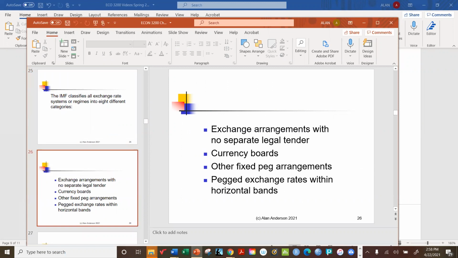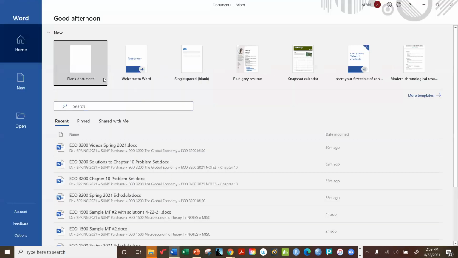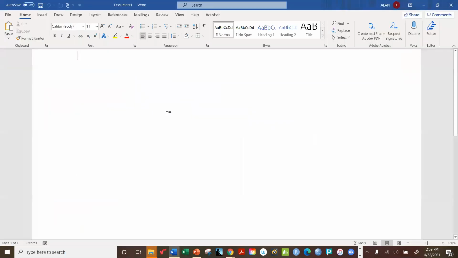So again, this would include dollarization and monetary unions like the euro, which we'll be discussing in a bit. But if you also look here, we have this other item called currency boards. So what exactly is a currency board? Well, let me just write this out on a separate document.